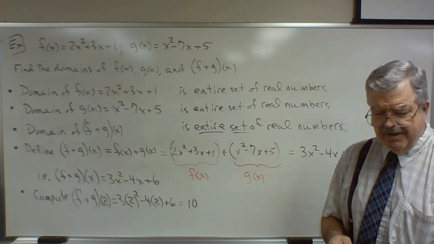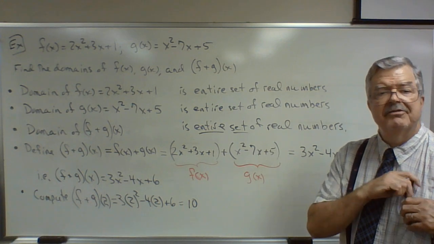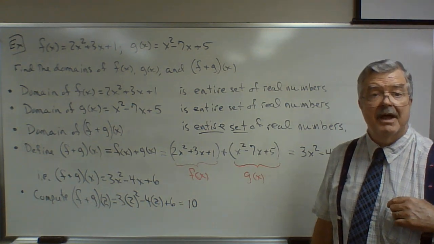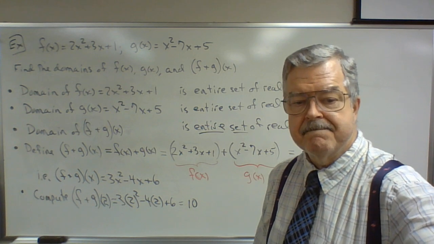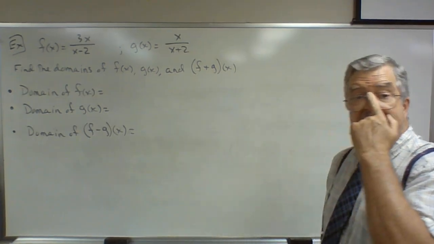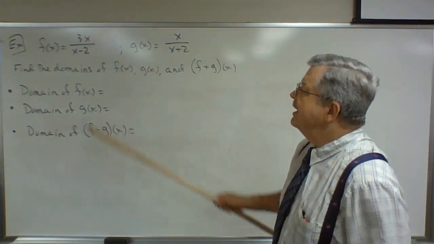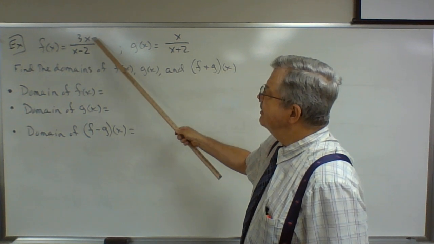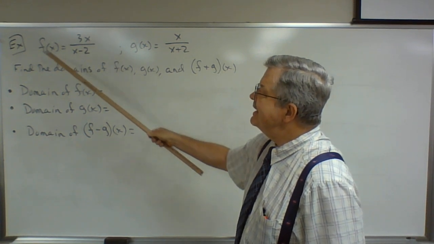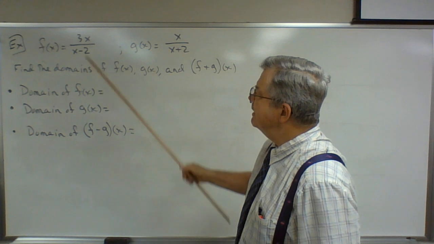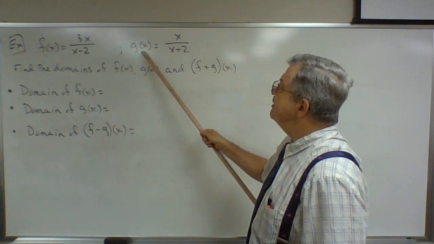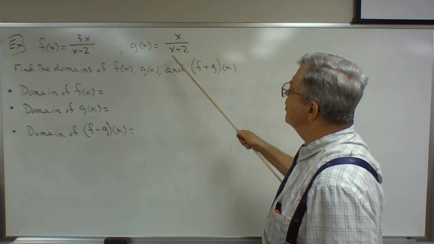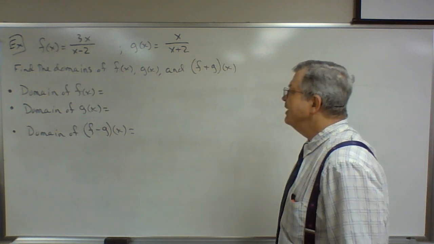Let's do another example, maybe this time with the difference function, okay? Here's a good one. f evaluated at x is 3x divided by x minus 2. g evaluated at x is x over x plus 2.